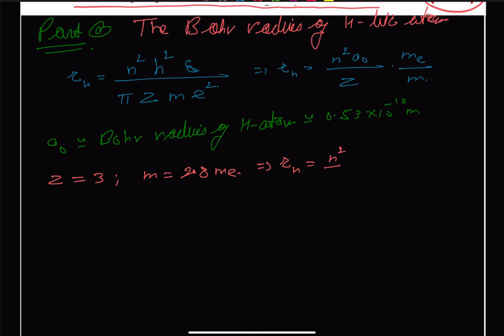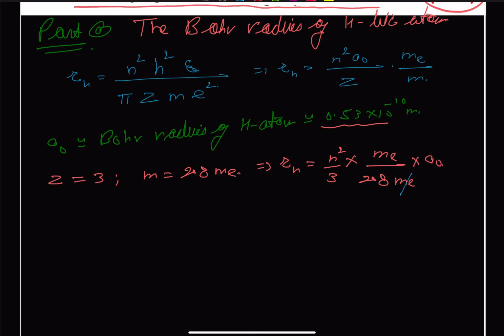So based on this, we can write that our R of n is equal to n square by 3 multiplied by a naught, which is constant, we can just keep it as it is. Later on for the solution purpose we can use its value, but I don't think that will be required. And we are interested in m e upon m, so we get m e divided by 208 mass of electron multiplied by a naught.